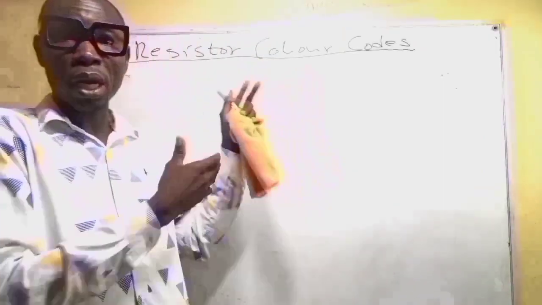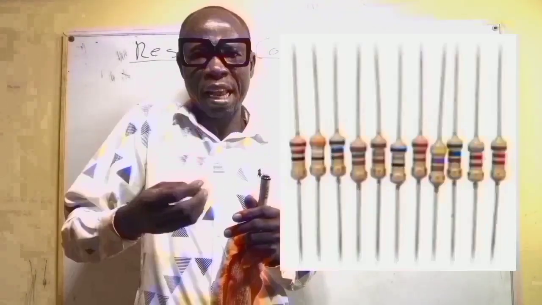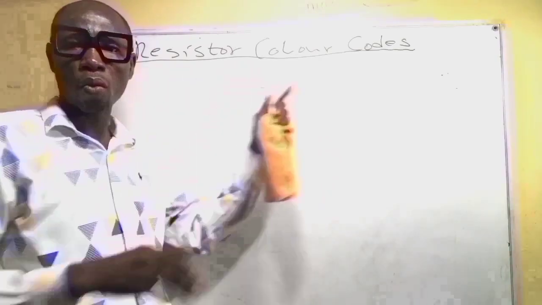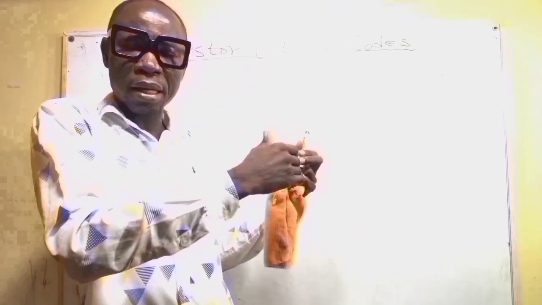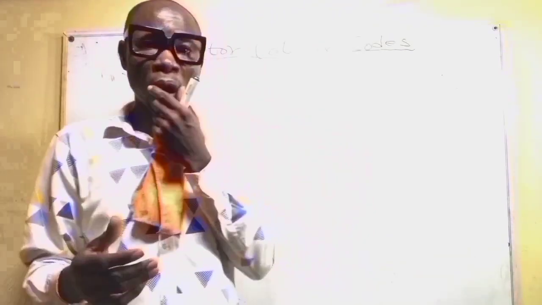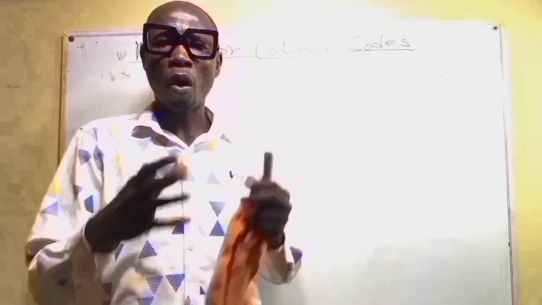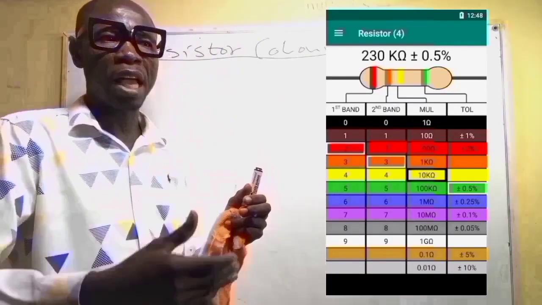Today, as we are talking of resistor color codes, a resistor is another electronic component that is designed to reduce the flow of electric current. Any conductor has a resistance, but we have designed a special component called a resistor.